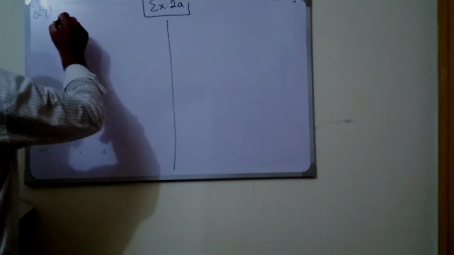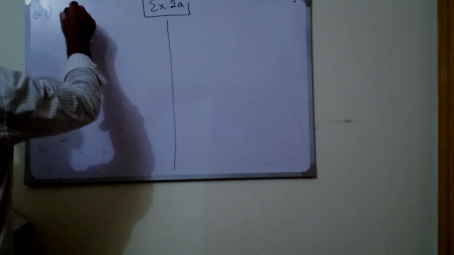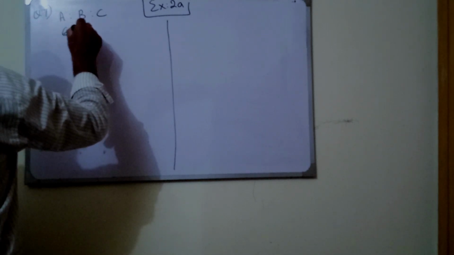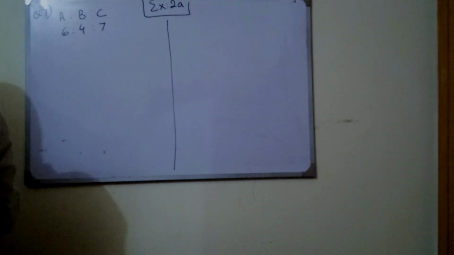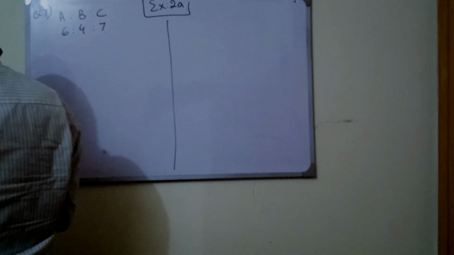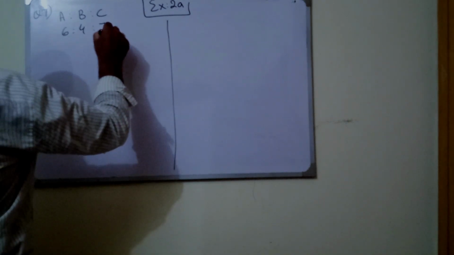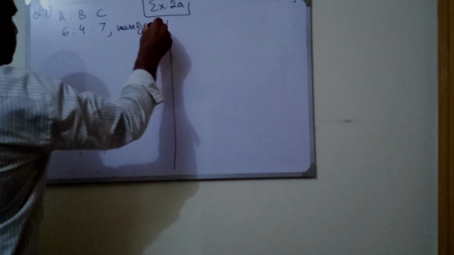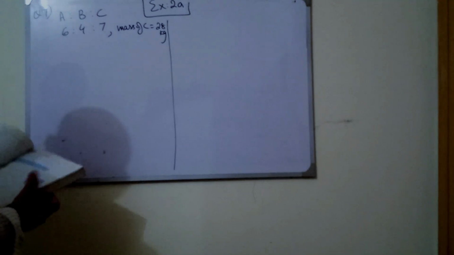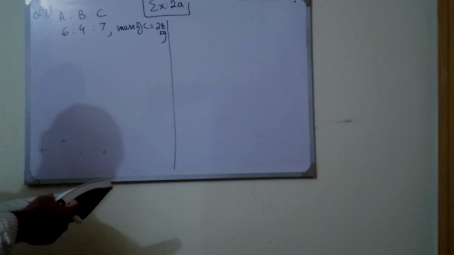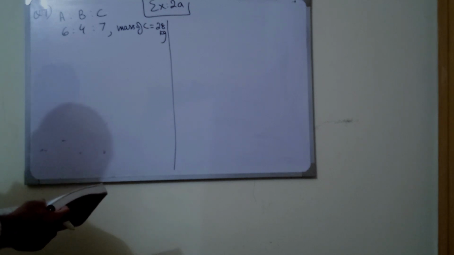So A ratio B ratio C, what is the ratio? 6, 4 and 7. We see the mass of the tea C in the mixture is 28 kg. Mass of C is 28 kg. This is only for C. So what we have to find is the difference of the masses of the other two types of tea.